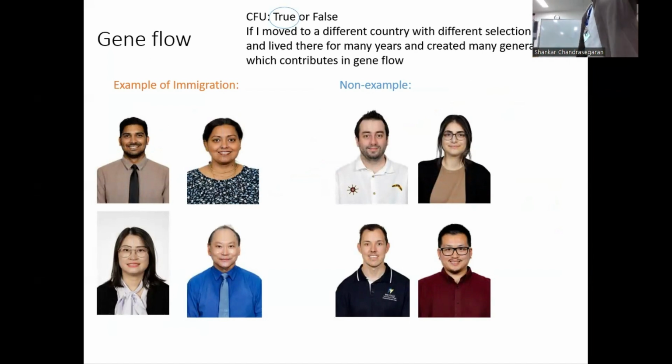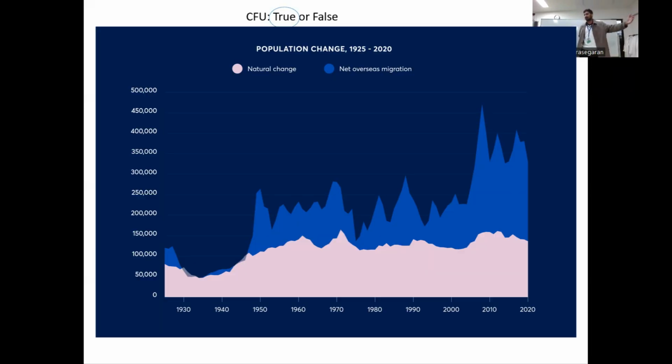How did Australia look about 100 years ago? The population was leaning towards a very high Caucasian majority, right? But today's population of Australia is much more diverse due to the fact that more and more humans from different populations have migrated here and interbred to create higher genetic diversity, right?